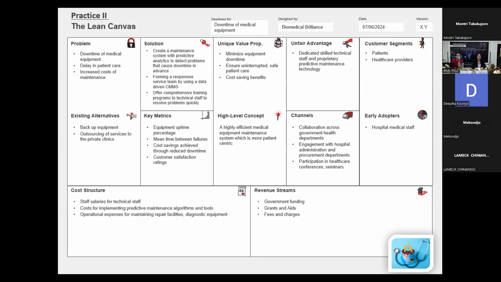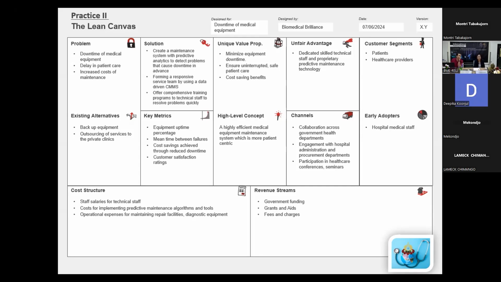The channels that we are going to use are collaboration across government health departments so that we can share resources, engagement with other hospital departments such as administration and procurement, and participating in healthcare conferences and international seminars.